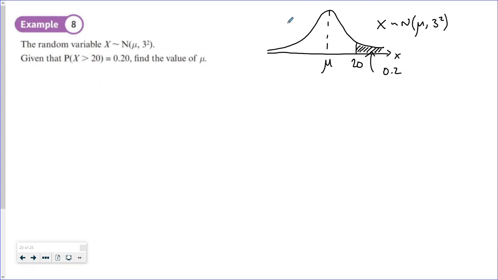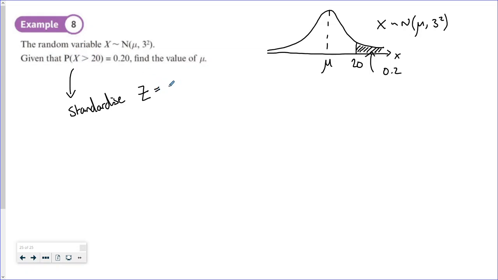So we can't solve this problem at the moment, but what we're going to do to solve this problem is we're always going to standardize. Remember, standardizing means take this probability statement and turn it from a statement about x to a statement about z.